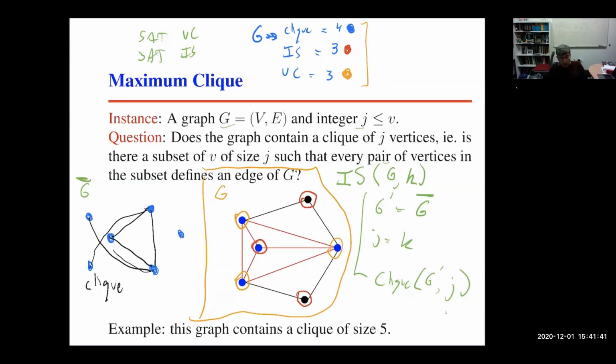I claim the largest clique is of size 3. Because I'm going to use the complement properties, I'm going to make those vertices red. What is the size of the largest independent set?